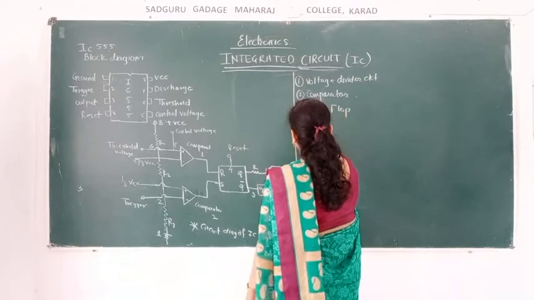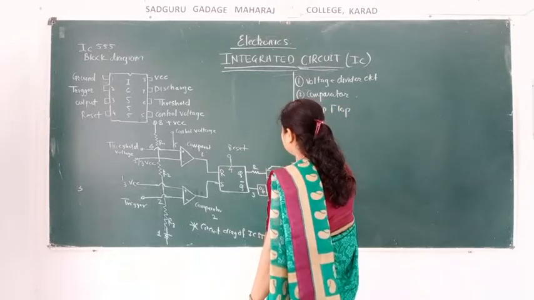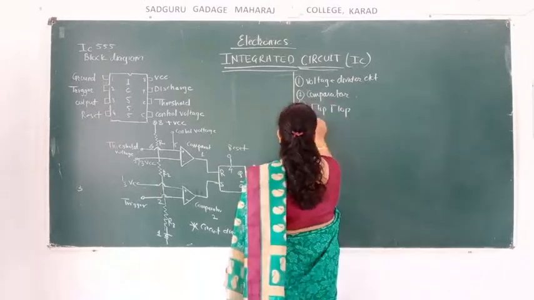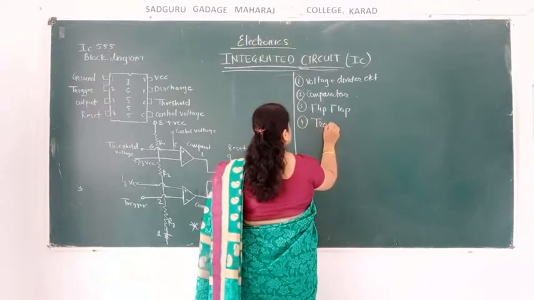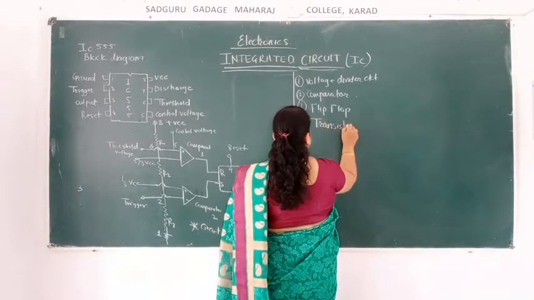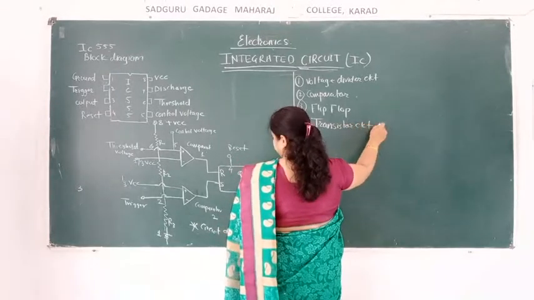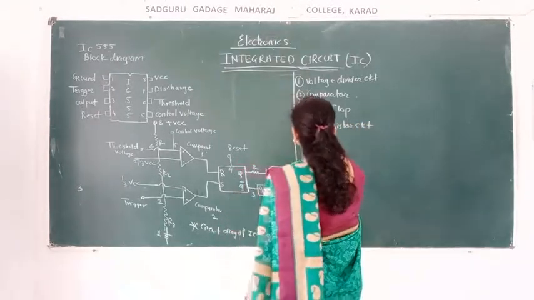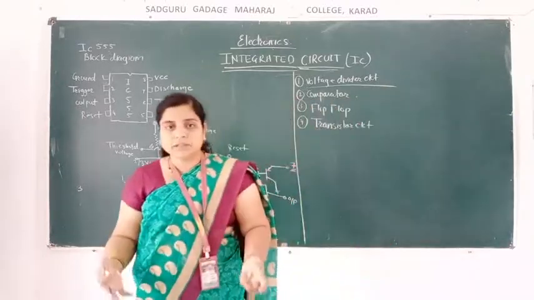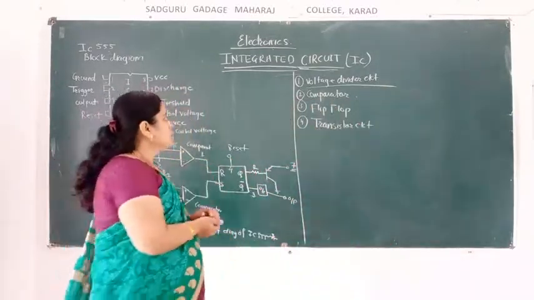And fourth is the transistor circuit, used for charging and discharging the capacitor. Okay, so we'll see all these things one by one. What happened, how it works. Okay, so see what happened.